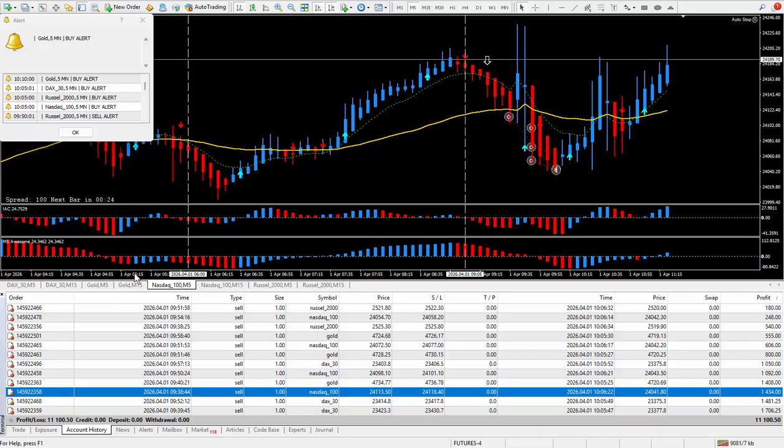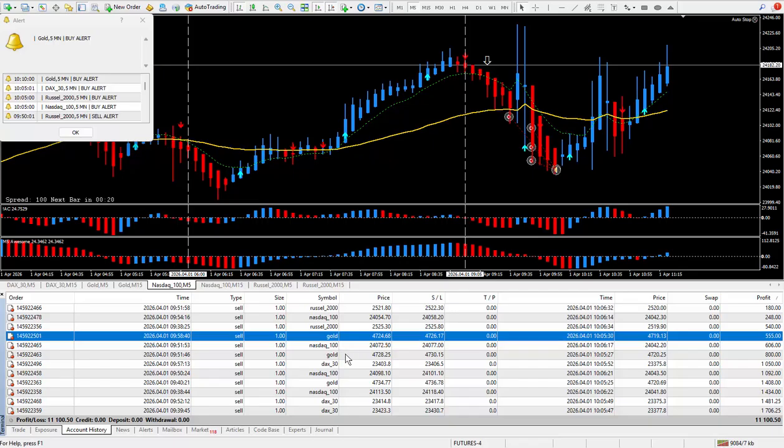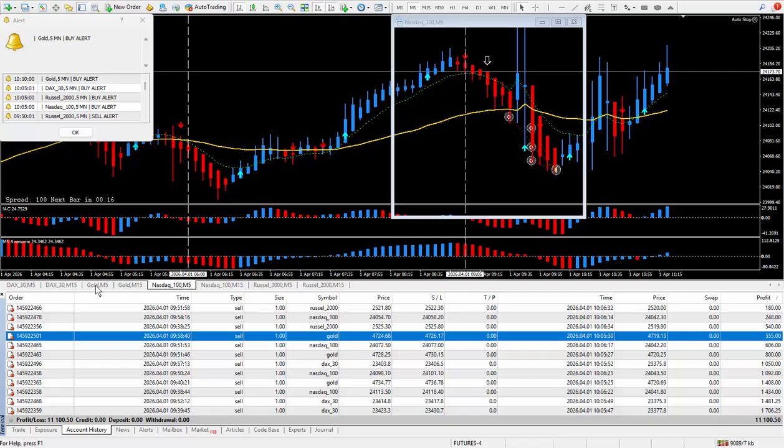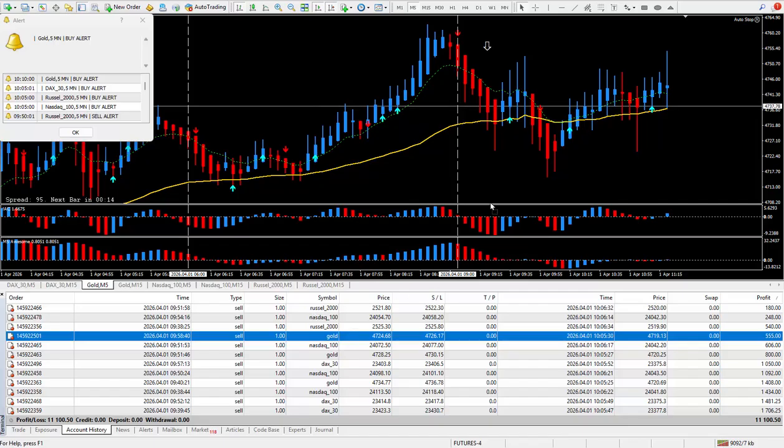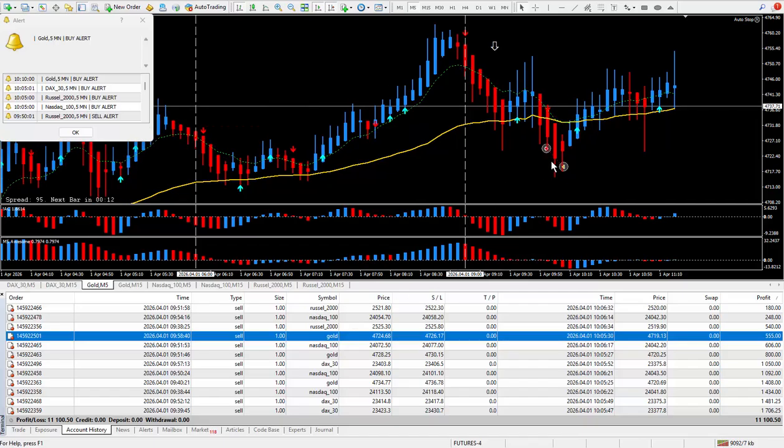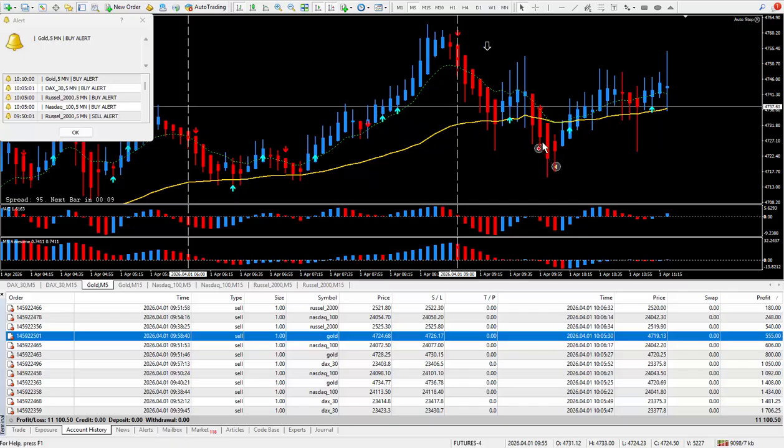Okay, now the next one was gold. Let's see, gold, 1, 2, 3. I did 3 golds. Pull up gold, drag and drop this up. Again, took the trade here. That was the arrow from the super signal, and of course the daily trade plan.